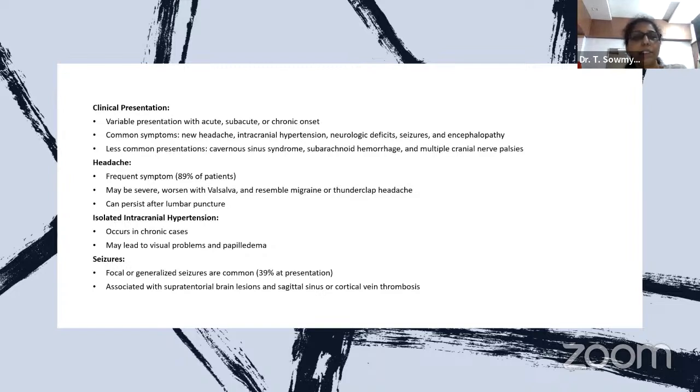Less common presentations are cavernous sinus syndrome, subarachnoid hemorrhage, and multiple cranial nerve palsies. And 89% of the patients have headache, which worsens with Valsalva, and it can resemble migraine or a thunderclap headache.